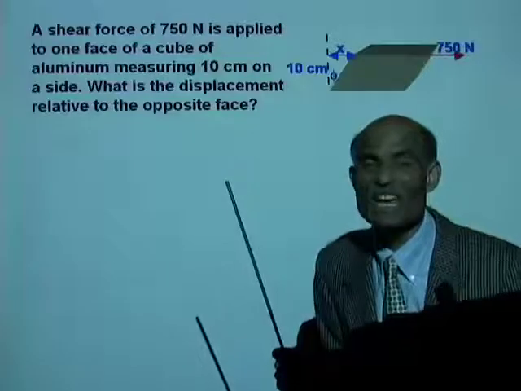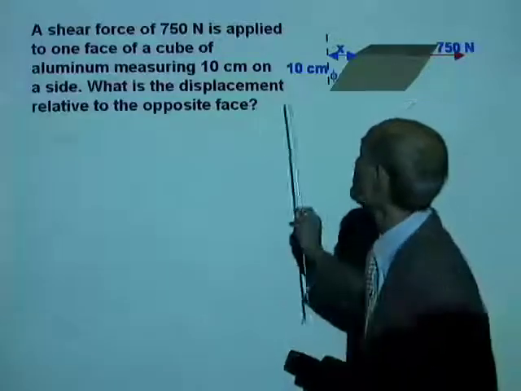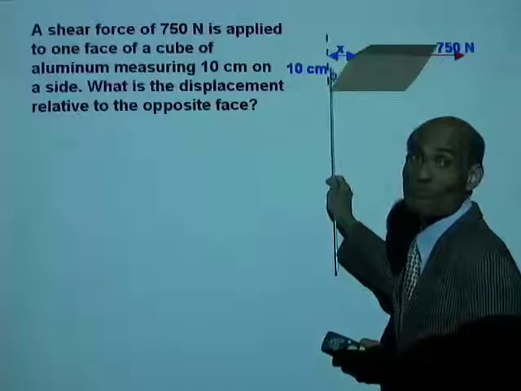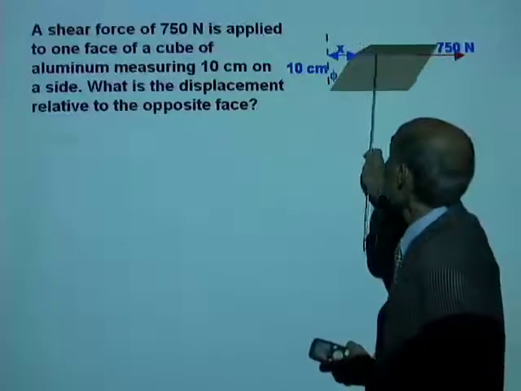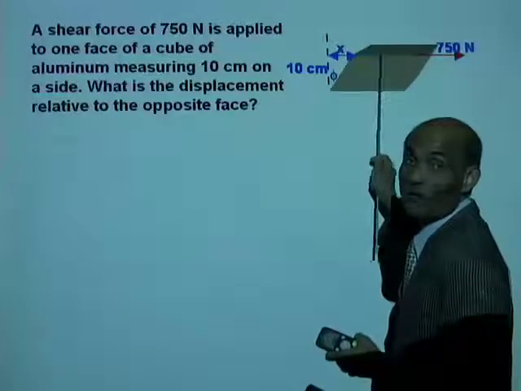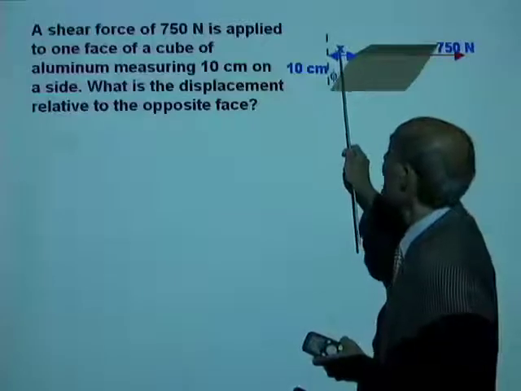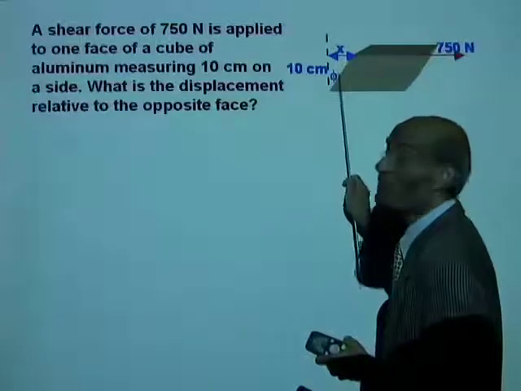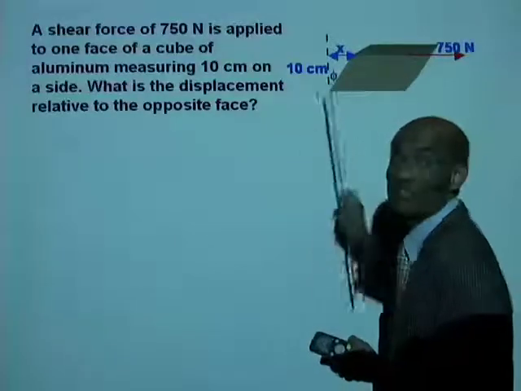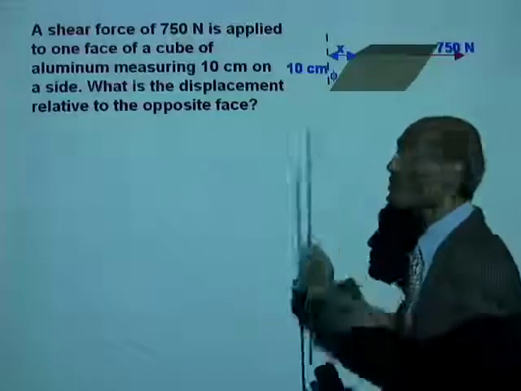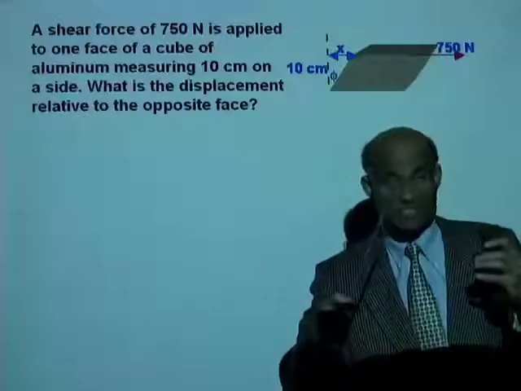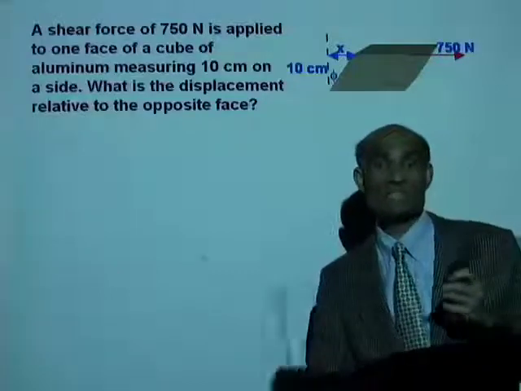We can now calculate the stress, and the strain will be the tangent of the angle of deformation. If the top surface is displaced, this is called the displacement of the top surface, by a distance x, then tangent of angle phi will be x divided by 10. Isn't 10 the height? This is a cube of length 10 centimeter, width 10 centimeter, and height 10 centimeter.